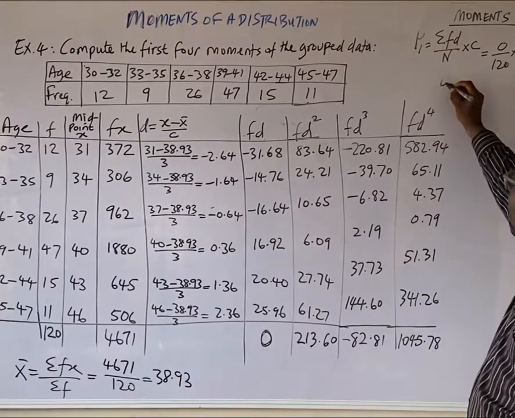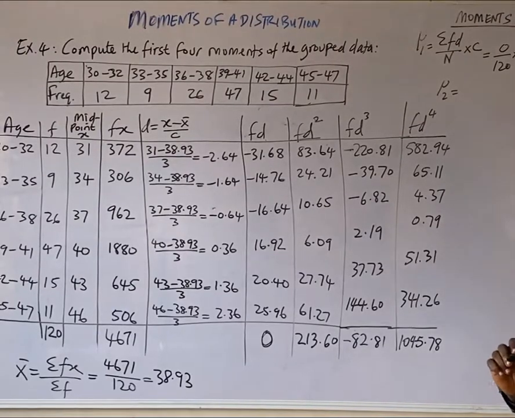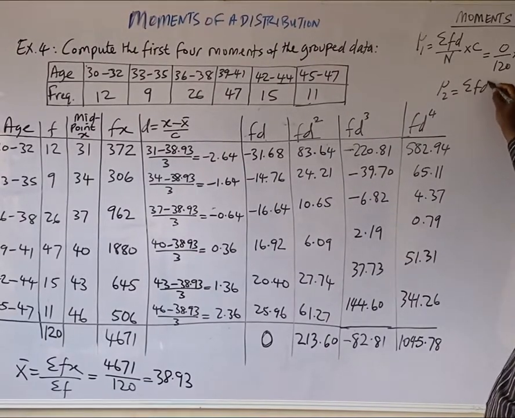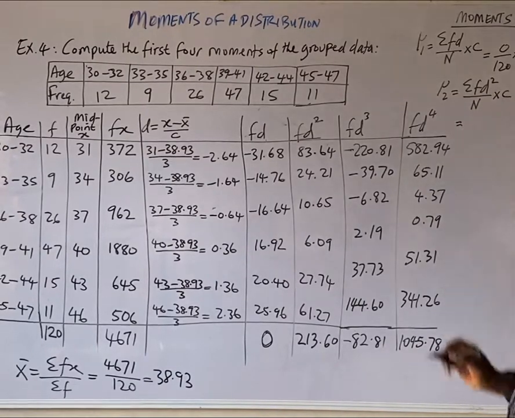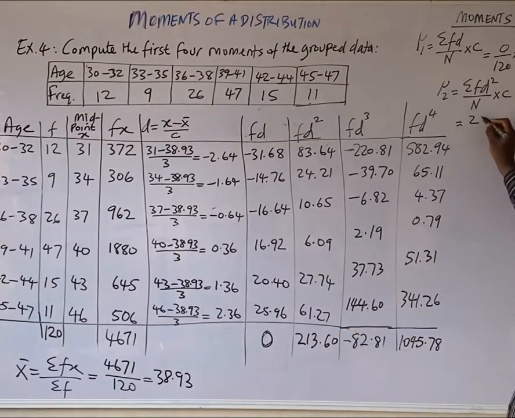Now the second moment, what will be the formula? That will be summation FD raised to power 2 all over n times c. And what would that give us? This will be 213.6 all over 120 times 3.